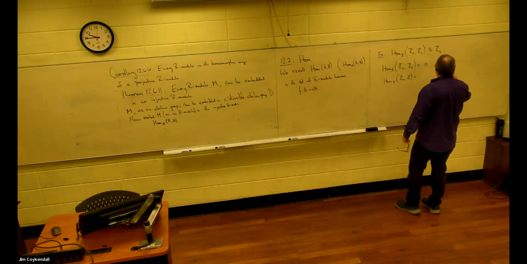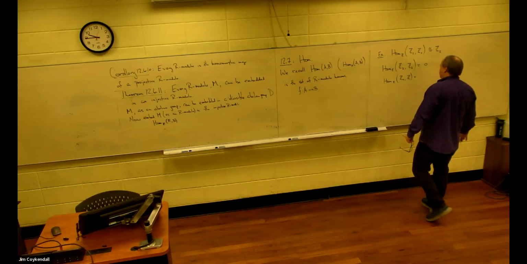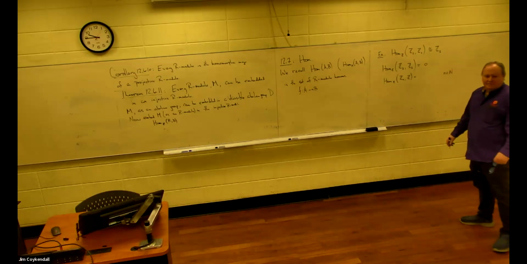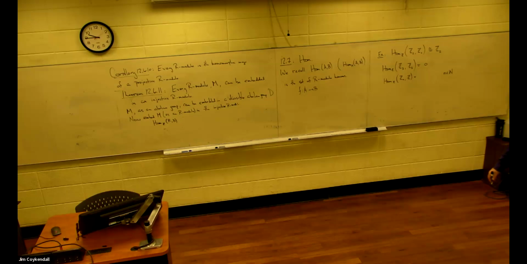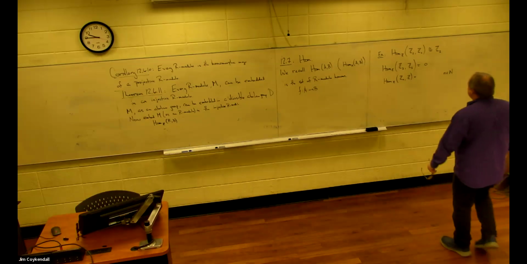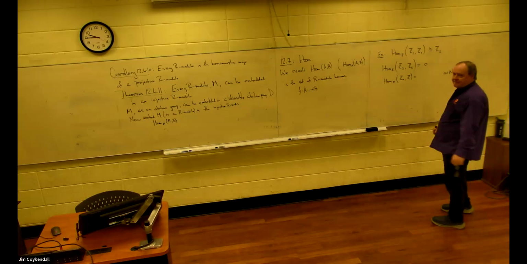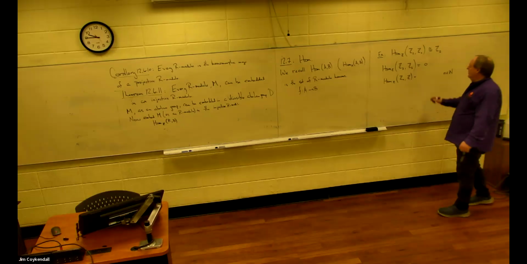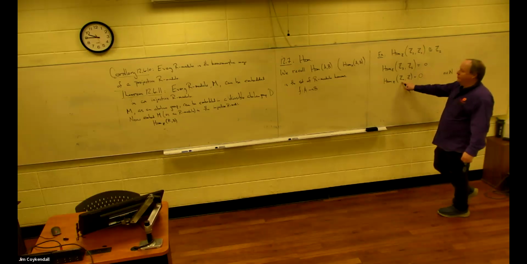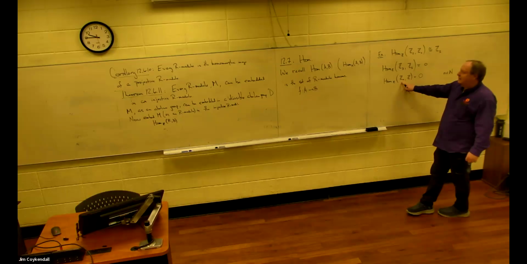Here, N is a natural number. What's this one? This one is also 0, because the generator here has finite order.